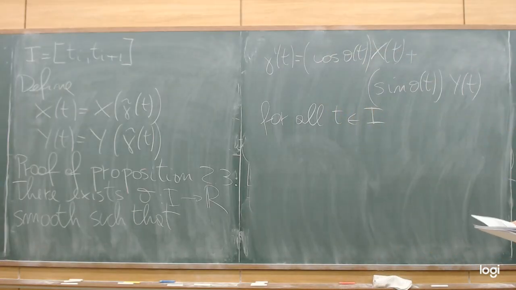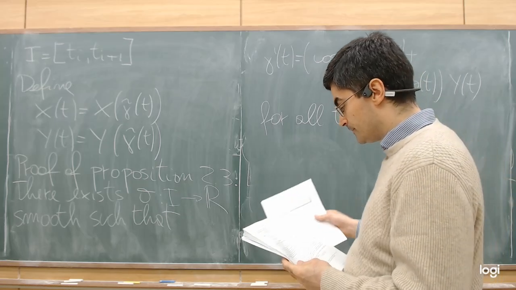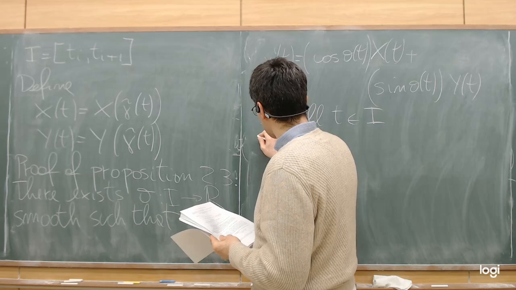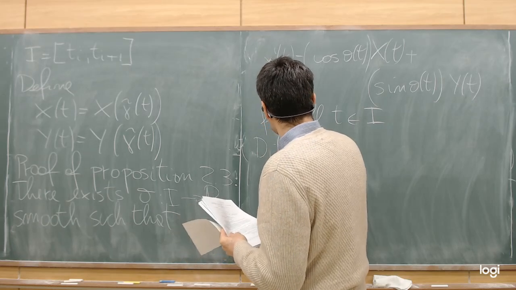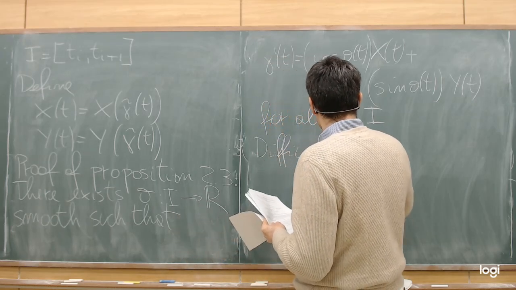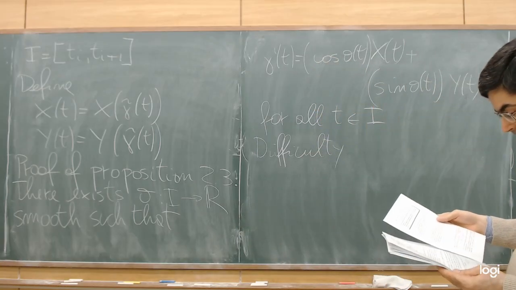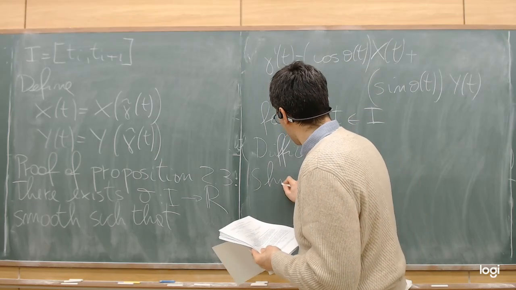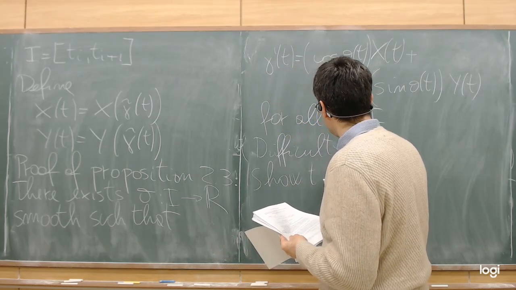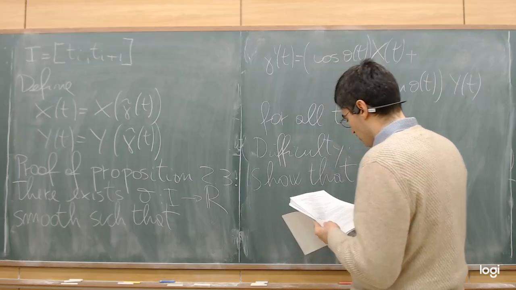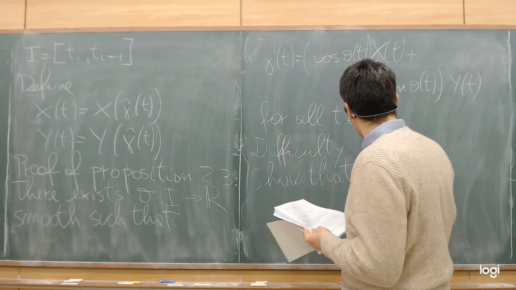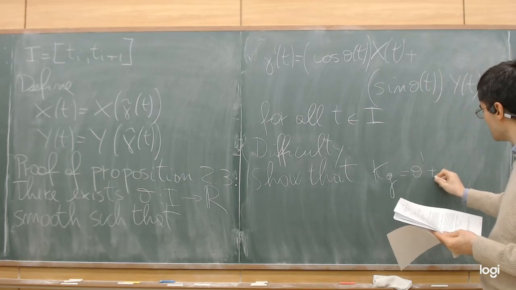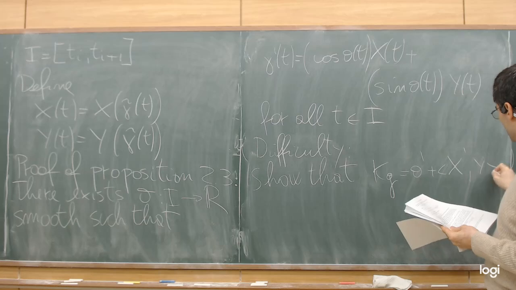The difficulty of the proof consists in proving the following statement: kg, the geodesic curvature, is theta prime plus this inner product.